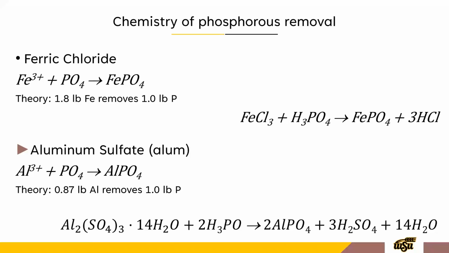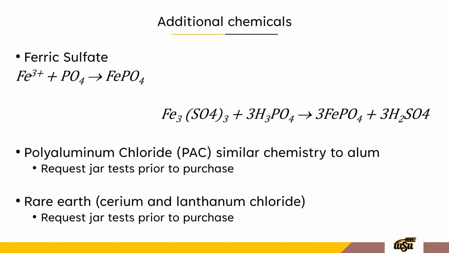The chemicals that are out there are going to be ferric chloride, aluminum sulfate, and ferrous sulfate. Those are the most commonly used that are available as a commodity product. You can call a few chemical suppliers, get bids, pretty readily available. There are other metal salts that can also be utilized.